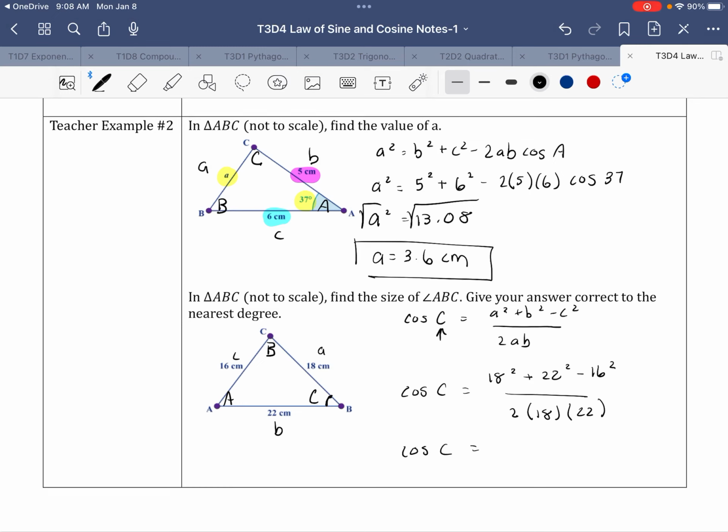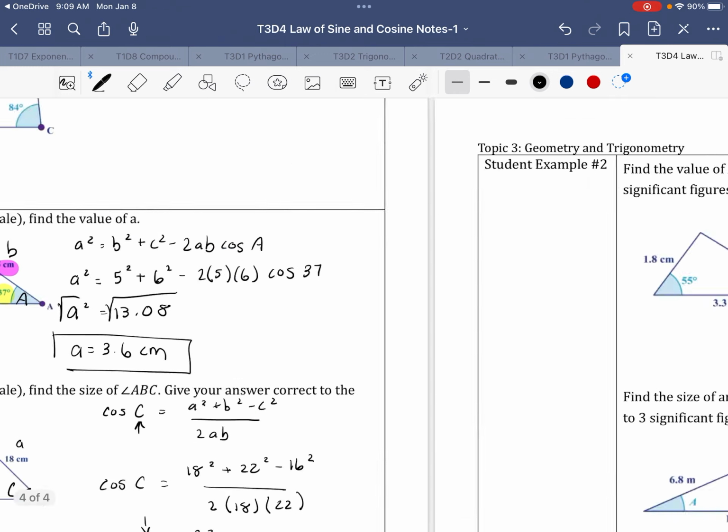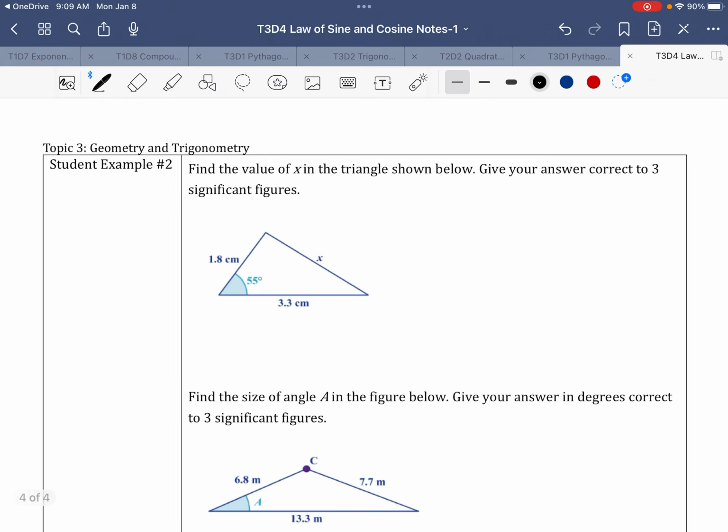So cosine of C equals 23 over 33. In order to get C by itself, we need to take the inverse cosine. So C by itself, inverse cosine equals 45.8 degrees. Okay. Go ahead and try student examples number 2 as well.